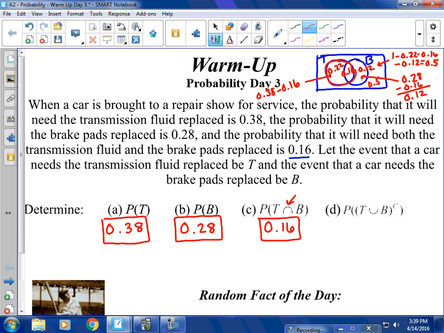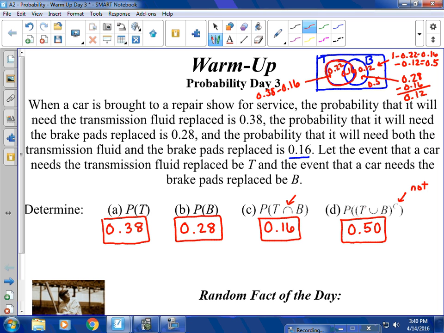And the last thing is what we do need the Venn diagram for. Probability that you don't need transmission fluid or brake pads. Remember that C means complement. That means we don't want it, or not transmission or brake pads. So it's everything that's not in either circle, which is that thing on the outside of our Venn diagram, which is 0.5.